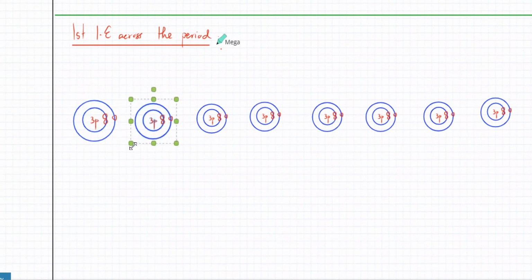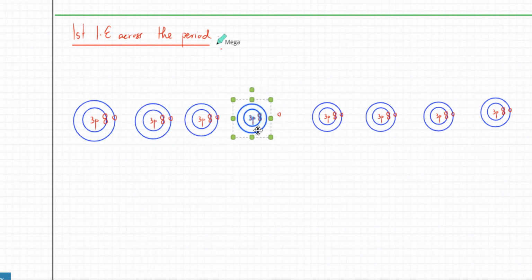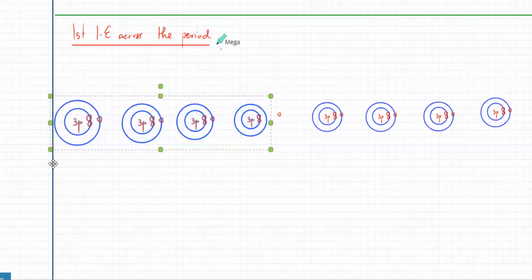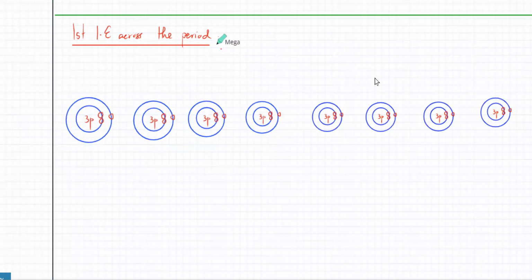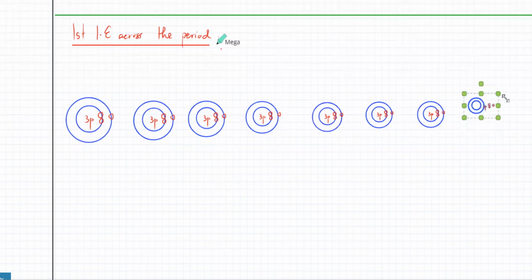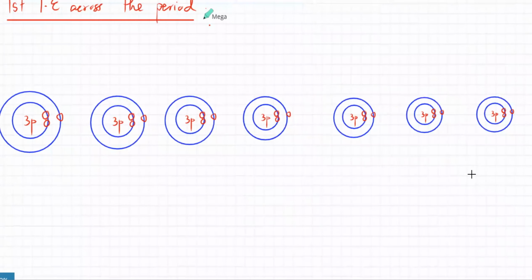When you move to the right, the size of the atom gradually decreases. So this is atoms across the period.